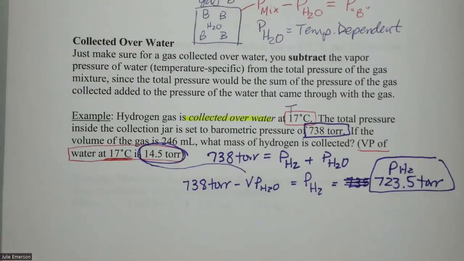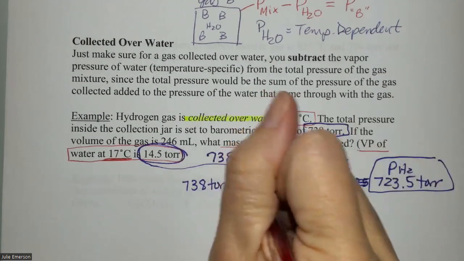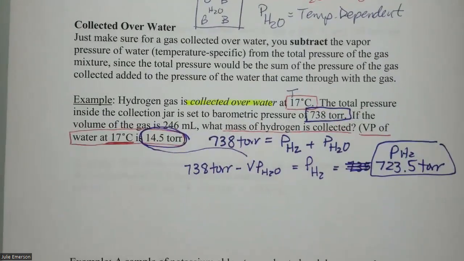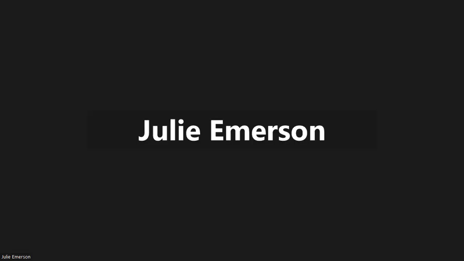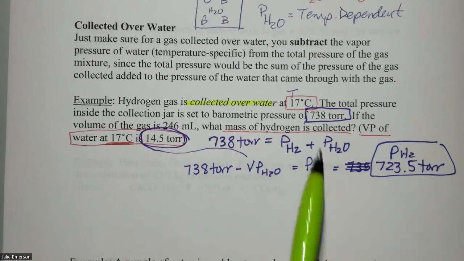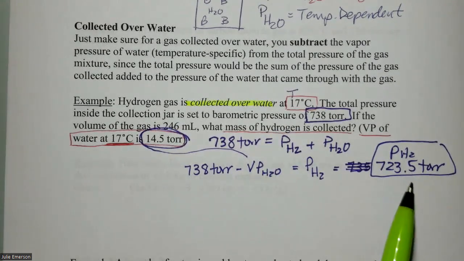Now, the question is, what mass of hydrogen did we collect? So this is why we needed to know the pressure of just the hydrogen. Because again, asking ourselves, what formula? Is it PV=nRT or P1V1? We just have this collection of hydrogen gas. We're at one temperature, we have a pressure, we have a volume. So we know then that this is a PV=nRT problem.